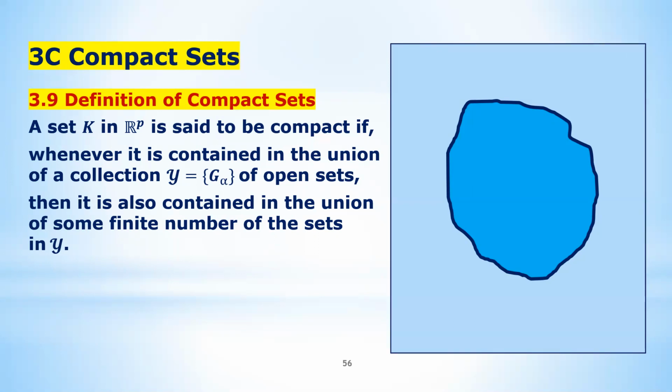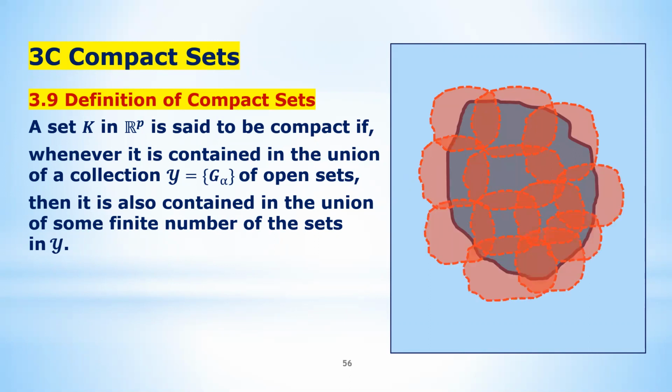So here's K. Now I have a group of open sets covering it, so that its union covers K. That's what I mean by K being covered by the G alpha. Here I only show you a finite number of G alpha. I can't show you an infinite number.